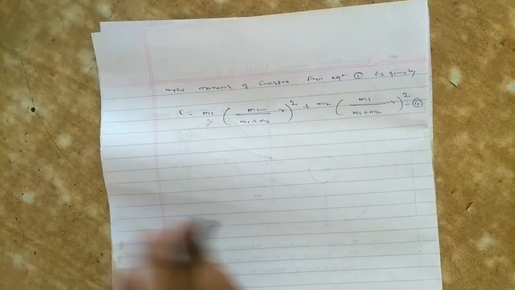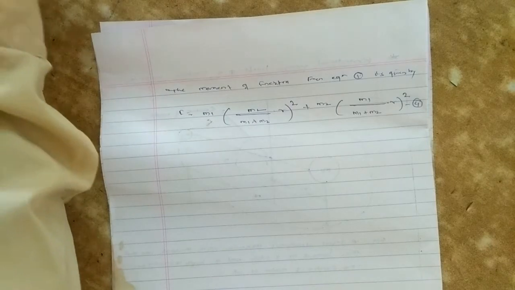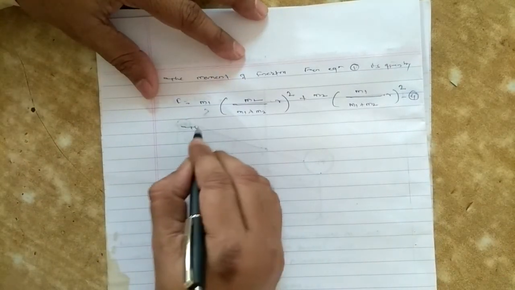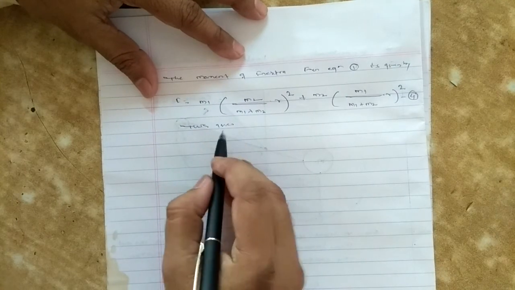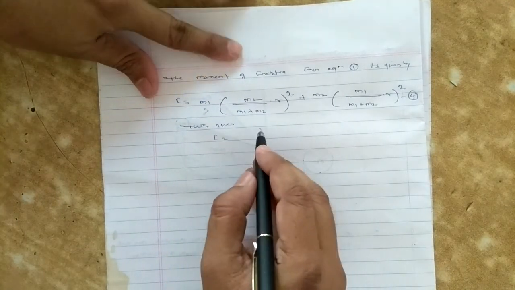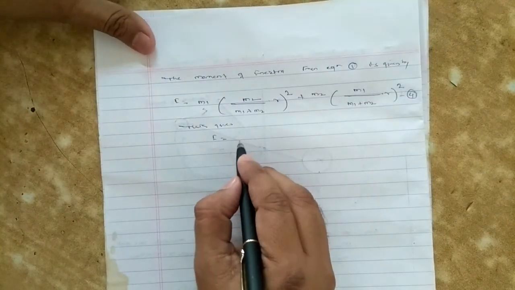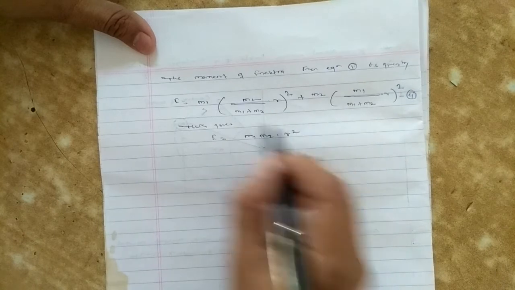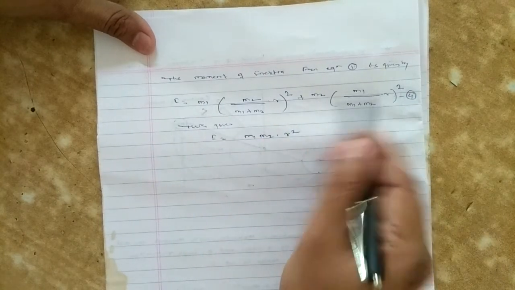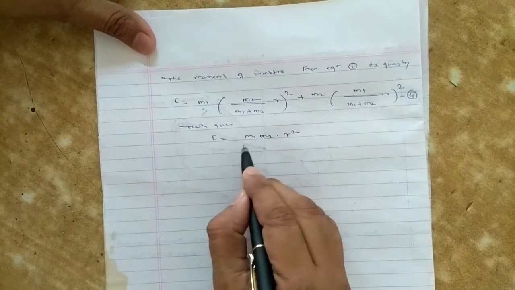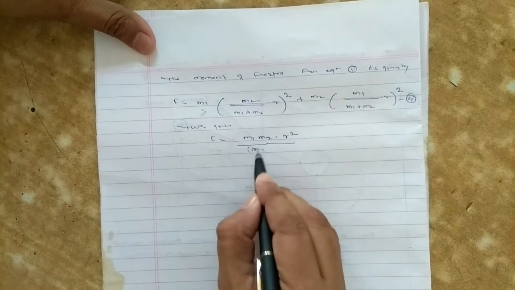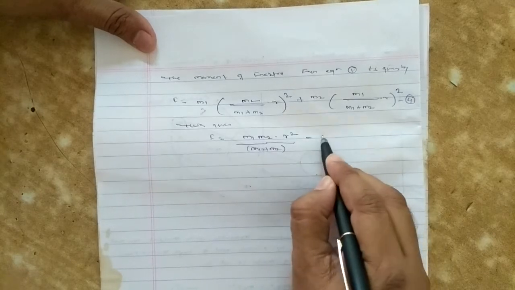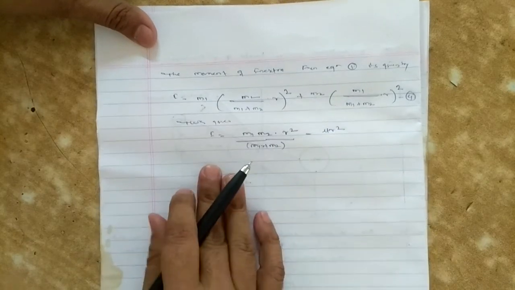Then this equation gives I, the moment of inertia, is equal to m1 m2 into r square upon m1 plus m2, which is simply mu r square.